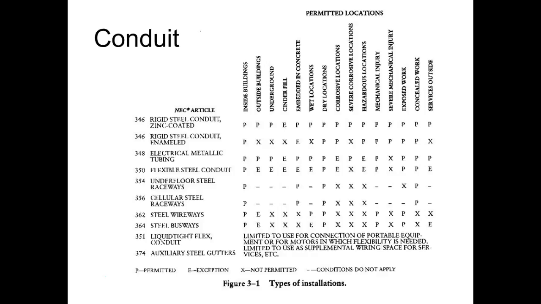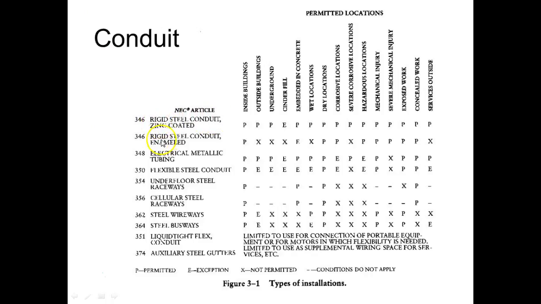Maybe take a break and then go over there to A building and look at some of the conduit and stuff we have over there. Plus, we got the electrical lab that's over there also, and we can see conduit benders and that kind of stuff.